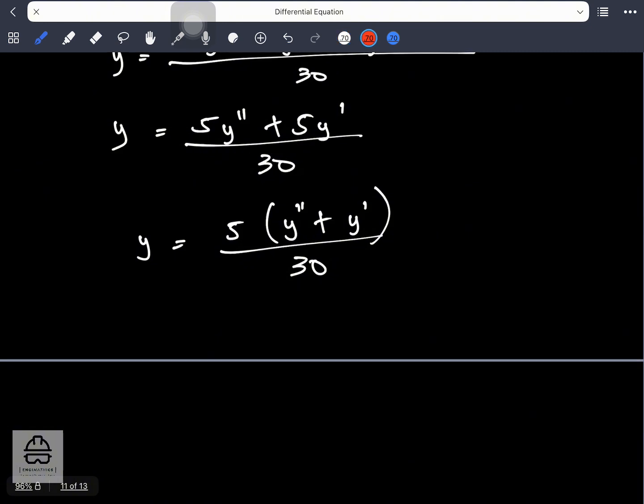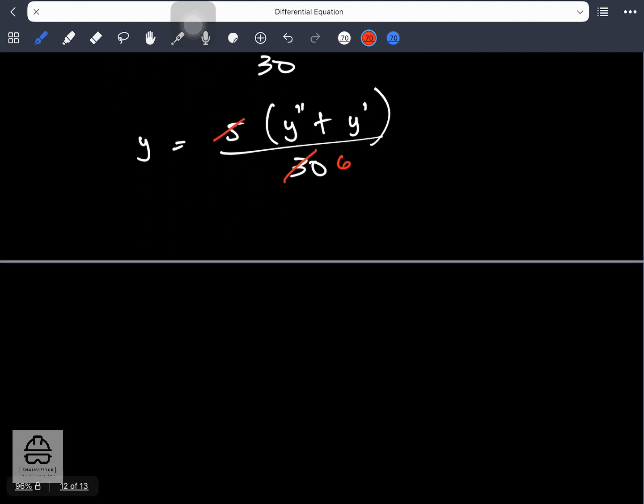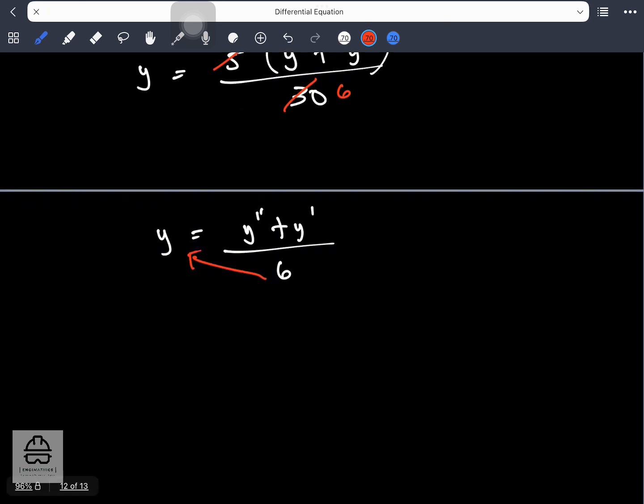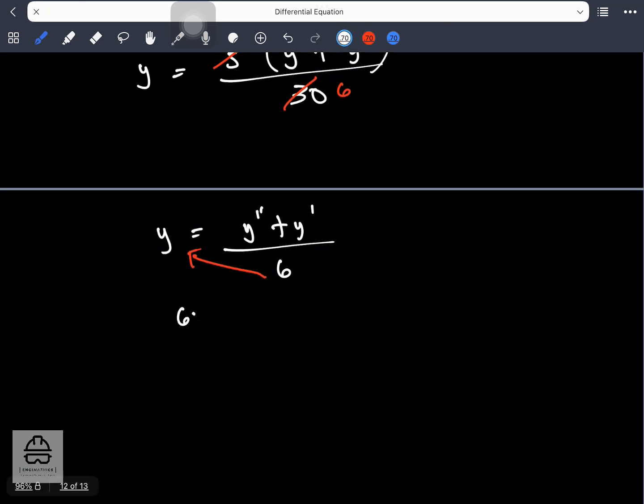Next, we divide 30 by 5, so this will become 6. That would be y equals y prime plus y prime divided by 6. We cross multiply to the other side: 6y equals y prime plus y prime.